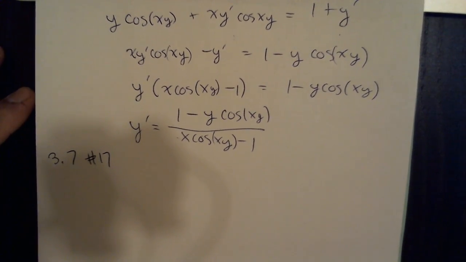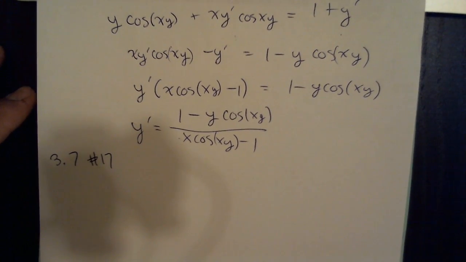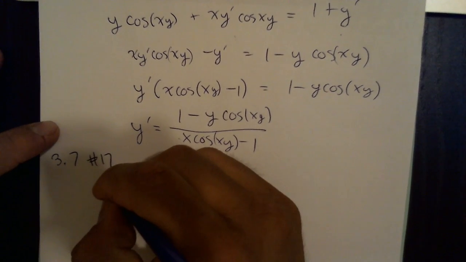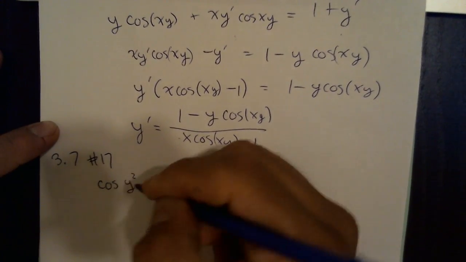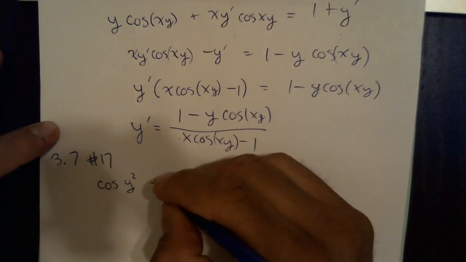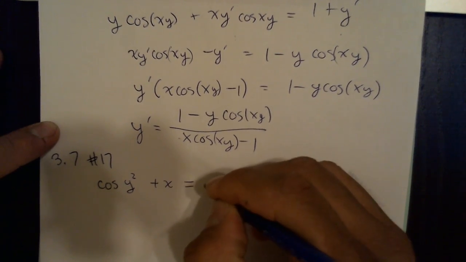Okay, so here, number 17, we have cosine of y squared plus x equals y squared.